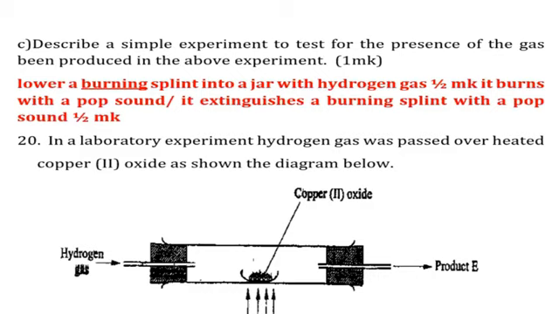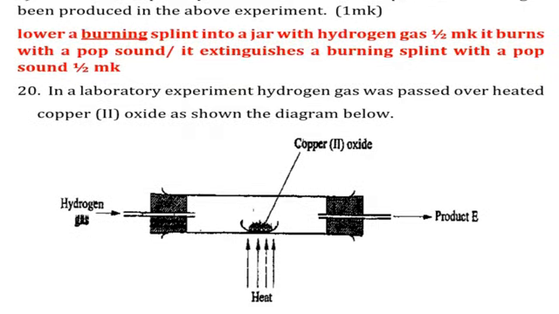Number 20. In a laboratory experiment, hydrogen gas was passed over heated copper II oxide as shown in the diagram. So you can see hydrogen gas being passed through copper II oxide.